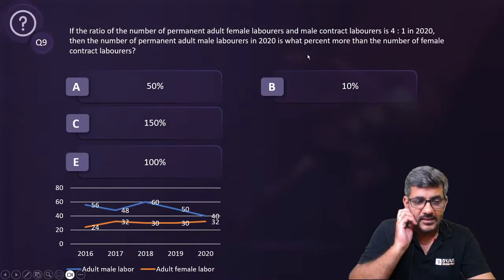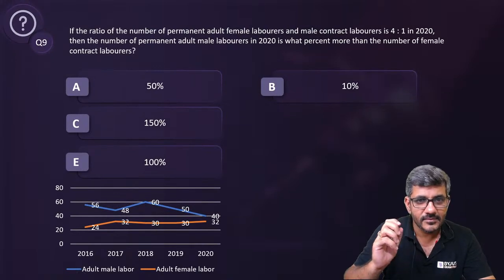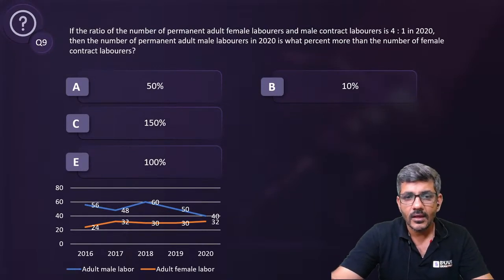आप आंसर दीजिए जो भी आता है. मेरे ख्याल से कुछ गड़बड़ है इसमें. कोई बात नहीं. What is your answer?